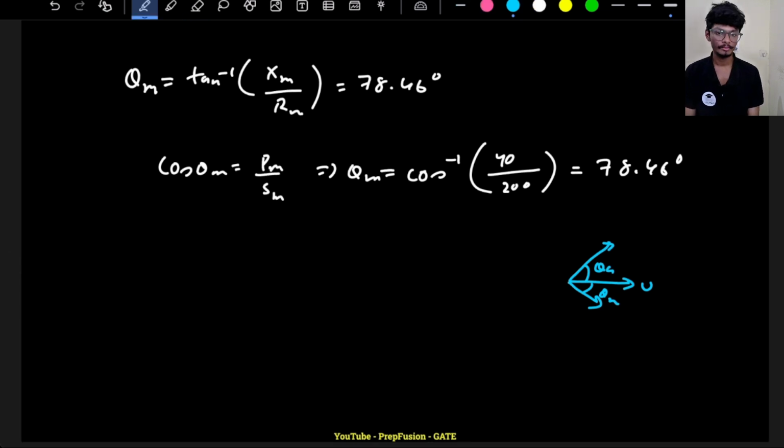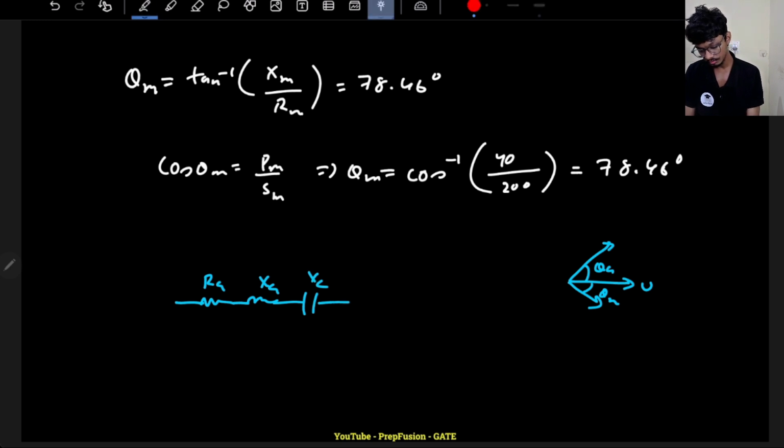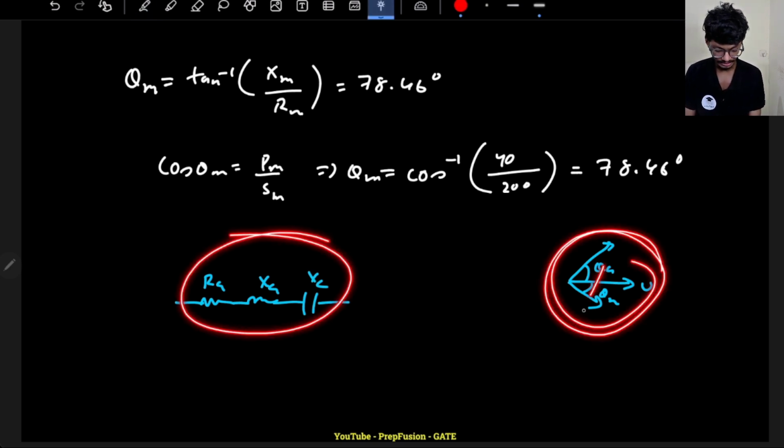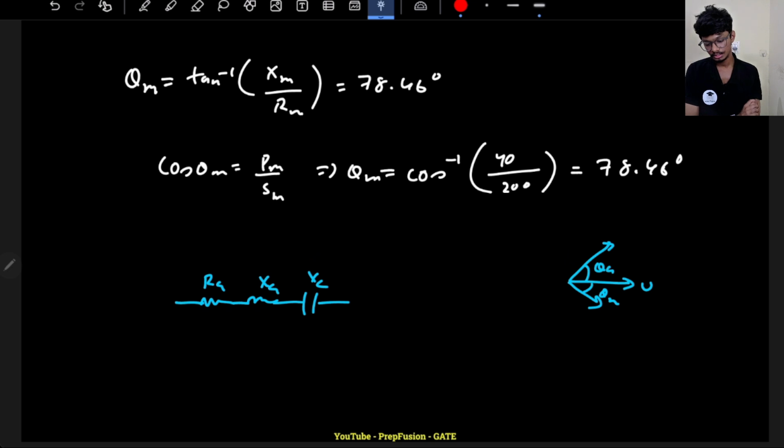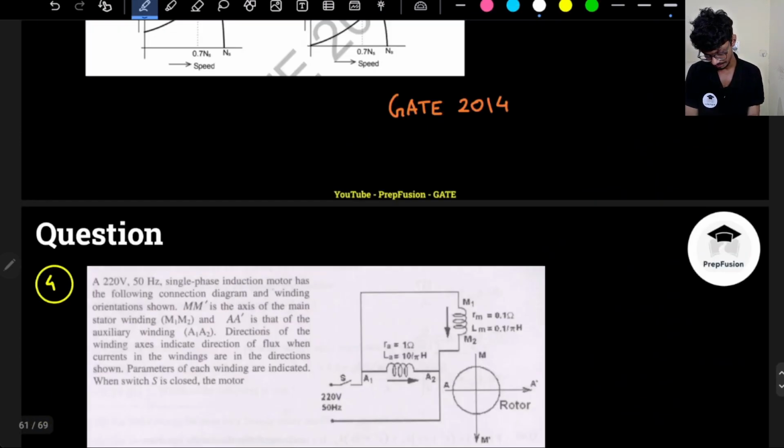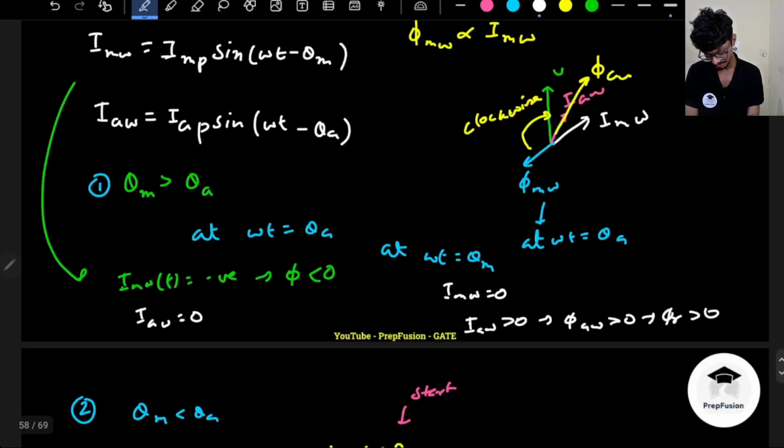One thing you have to keep in mind, this is my auxiliary winding, right? The auxiliary winding of course will have some of its own inductance, and I will add a capacitance. So I have to find the condition for this angle to be maximum. What is my torque proportional to? You have to maximize this thing.